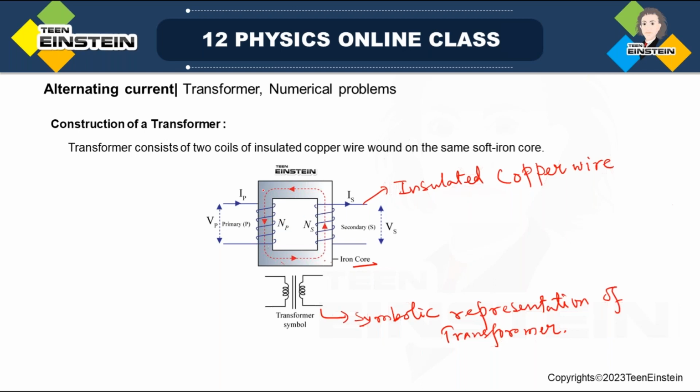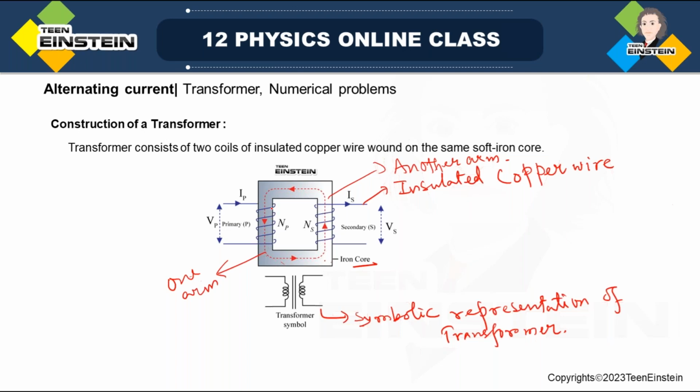So this is one arm of the core, and this is another arm of the core. So there are two arms of the core.